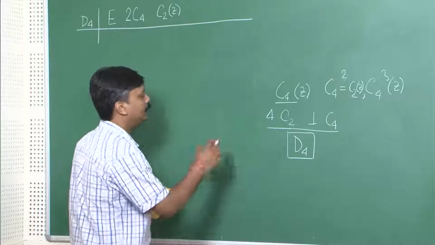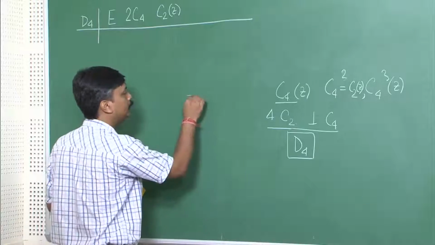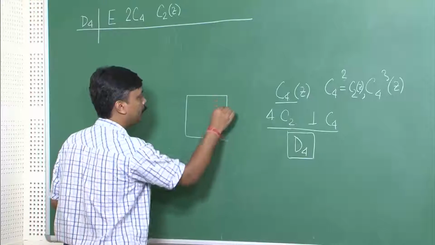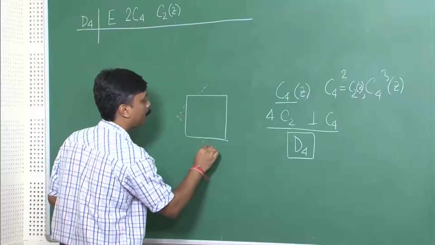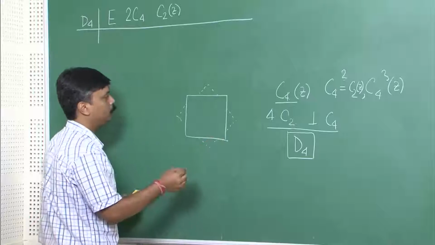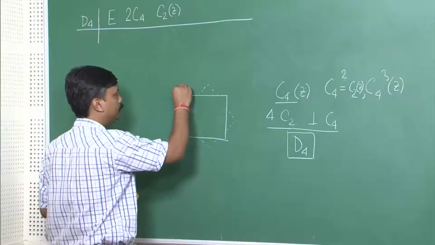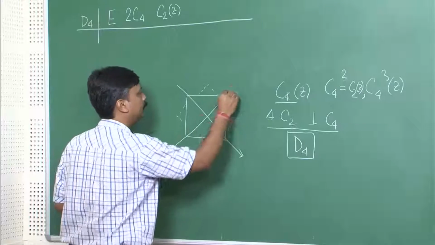So, for example, if I just quickly redraw the structure, something like that, we had C2s along this as well as this.